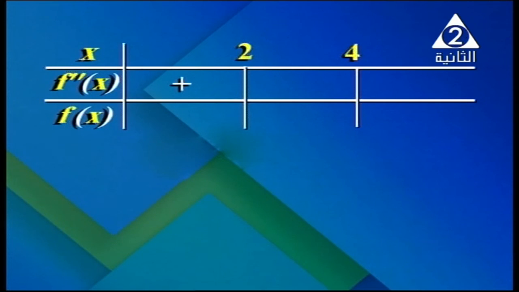For the second interval from 2 to 4, we choose the number 3 and find f double dash of 3 is smaller than 0, negative. For the last interval from 4 to infinity, we choose a number more than 4, such as 5, and we deduce that f double dash of 5 is more than 0, positive.